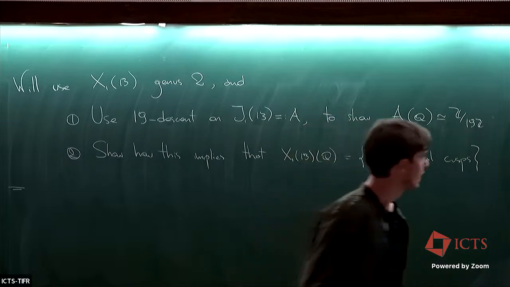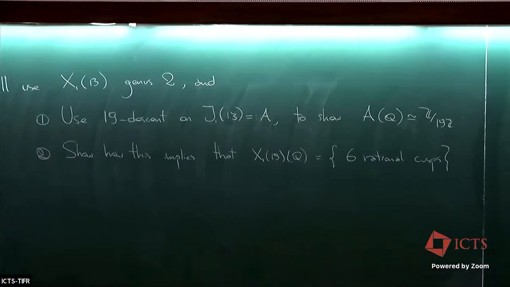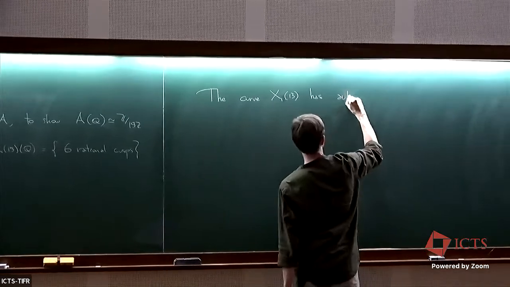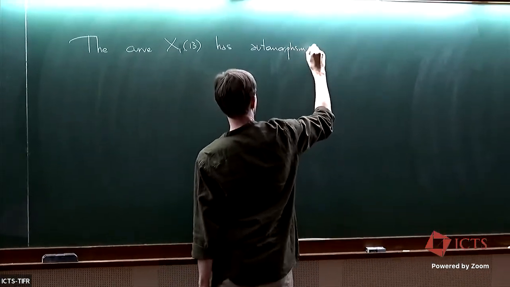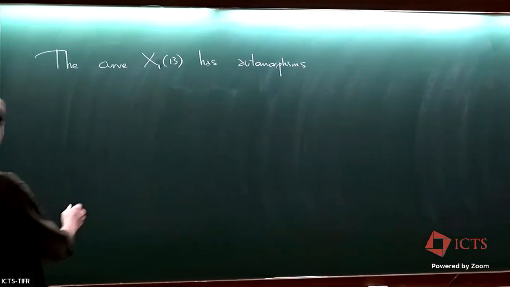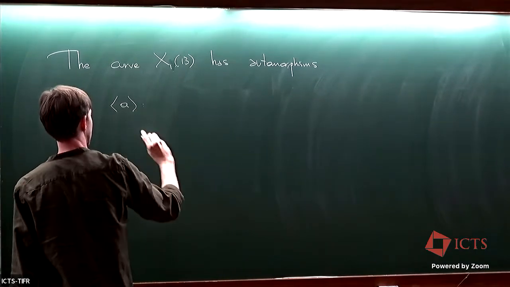Okay. So the curve X1(13) has lots of automorphisms. They come from the moduli interpretation that we have for them. The first kinds of automorphisms are the following.